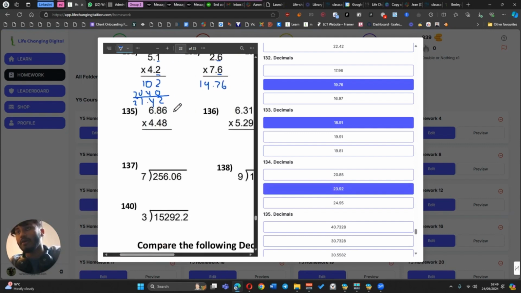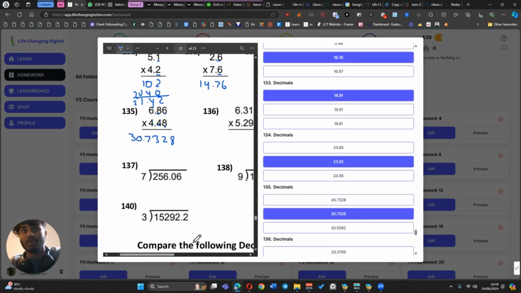Question 135, we've got 8. Alright, let's do this multiplication. This should come out to a big number once you've done this multiplication, but now let's count the numbers, we've got 1, 2, 3, 4 numbers behind the decimal point. So we have to put the decimal point here. You can see 4 numbers behind it.